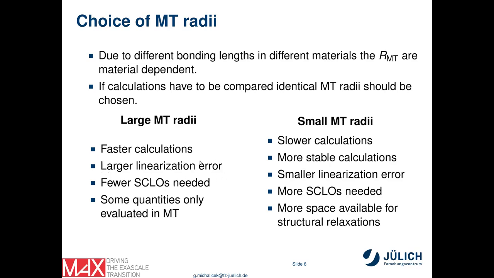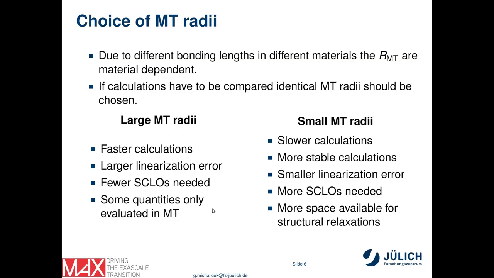Otherwise, we have a larger linearization error, because the linearization error is within the muffin tin sphere. And if we have a large muffin tin sphere, we also may get a large linearization error. And of course, if we use large muffin tin radii, we need fewer semicore local orbitals. So it is less likely that our semicore states reach out of the muffin tin sphere, and therefore we can describe them as core electrons.